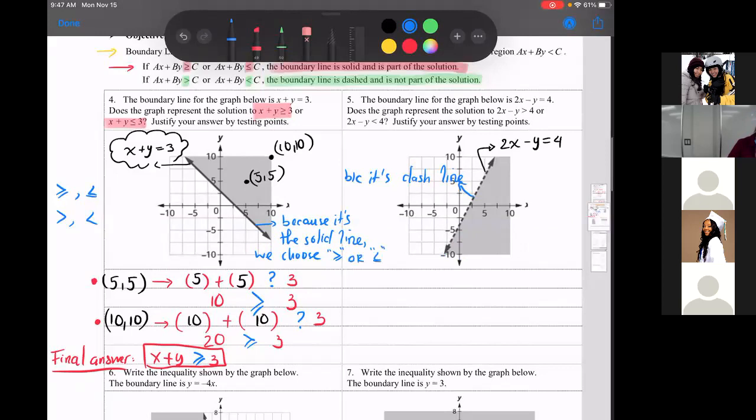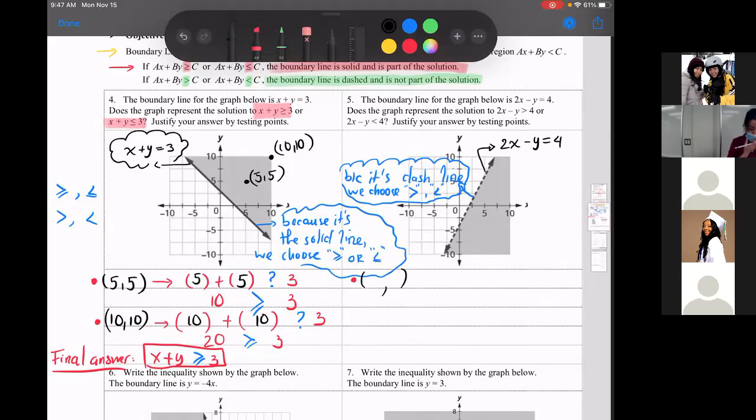Because that's why we choose greater than or less than, right? One of the two. I don't know which one yet, but I know that it's gonna be one of those. Okay, so let's pick a point. Someone pick me a point from that shaded region.